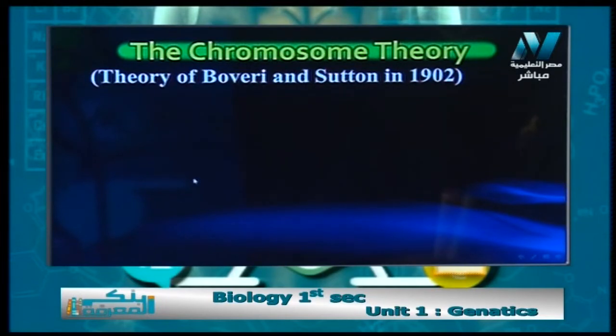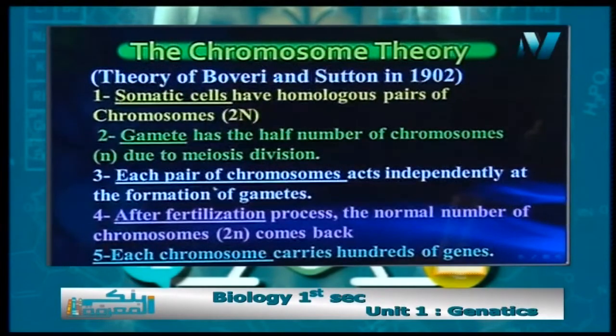Chromosomal theory, made by Boveri and Sutton. Somatic cells have homologous pairs of chromosomes, 2n, complete number. Gametes have the half number of chromosomes, n, due to meiosis division.